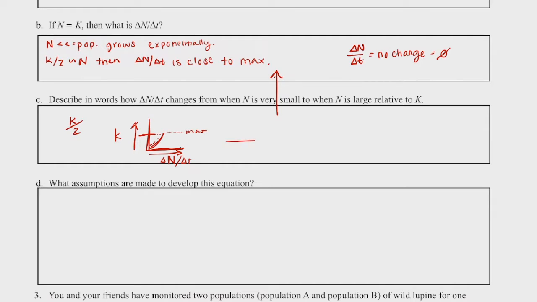So what it's saying is, as the number of individuals approaches K, the carrying capacity, this delta N over delta T will decrease. So let's say this is half, and as it increases, it's going to start to grow exponentially, but then eventually it's going to start to level off, maybe in some cases go above, but it's just saying that this exponential growth does not really occur forever, and it can level off. So that's what it's asking.